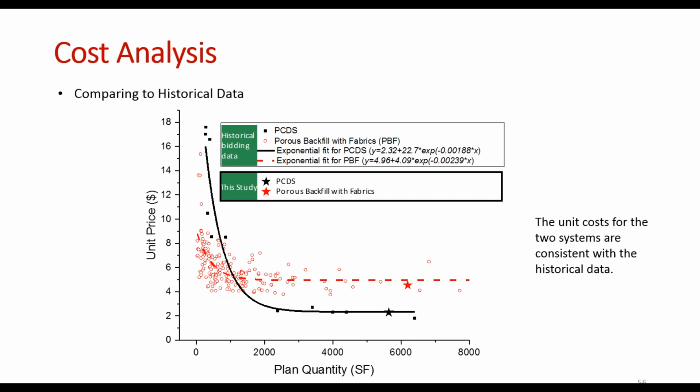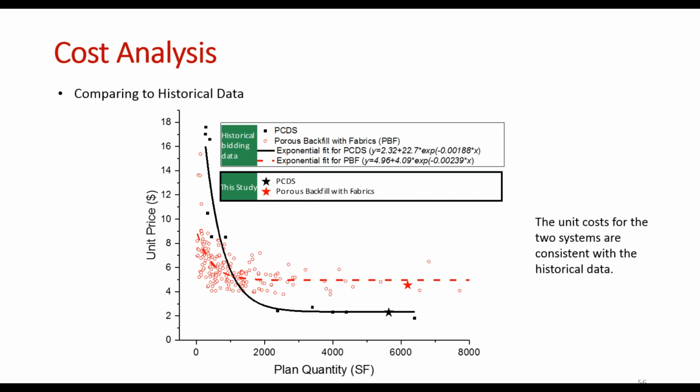And also for this red star, it's porous backfill with fabric, but without considering the replaced layer. It also fits that historical data very well. And this quantity is more than 5,000 square foot. So in this range, you can expect about 40% of cost saving.